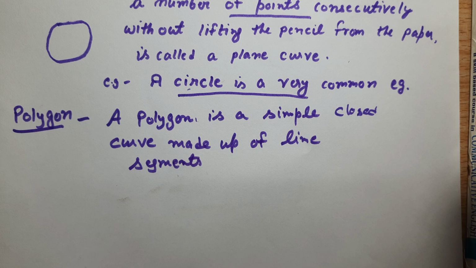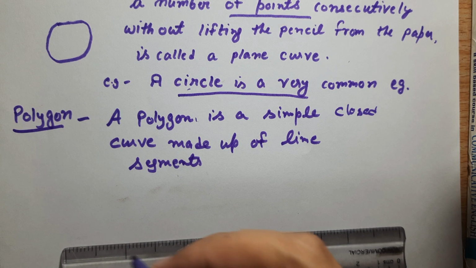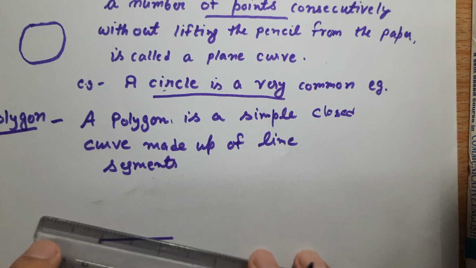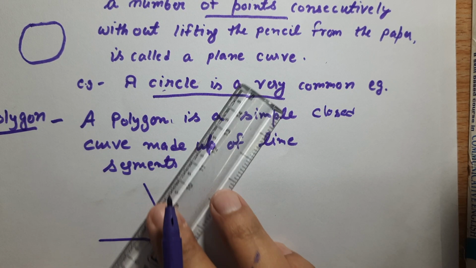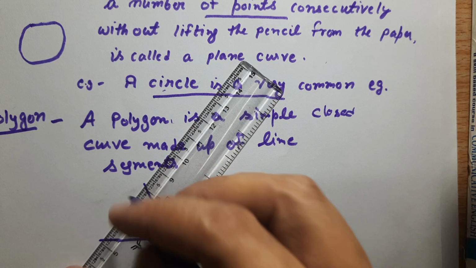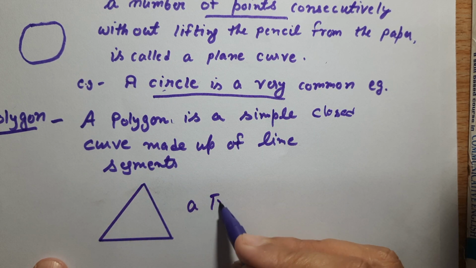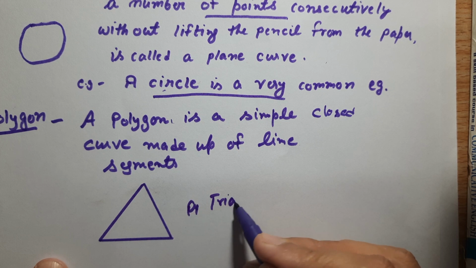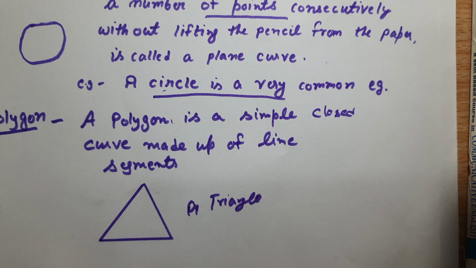A simple closed curve made up of line segments is called a polygon. For example, just see a simple example. What I have made here in the form of line segments, this I have made a triangle. So a triangle is a simple example of a polygon.